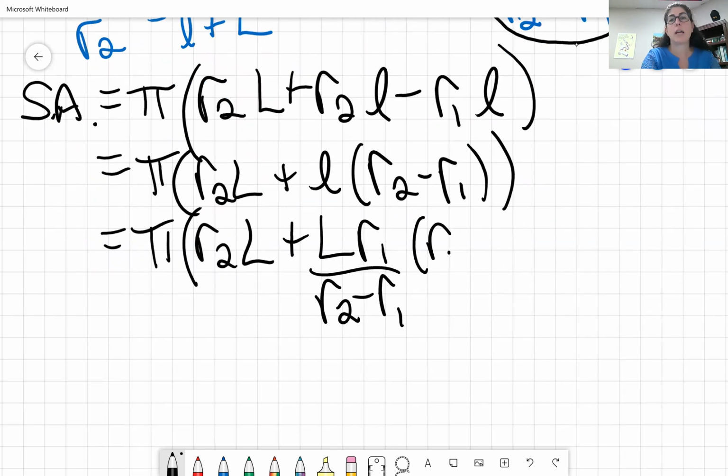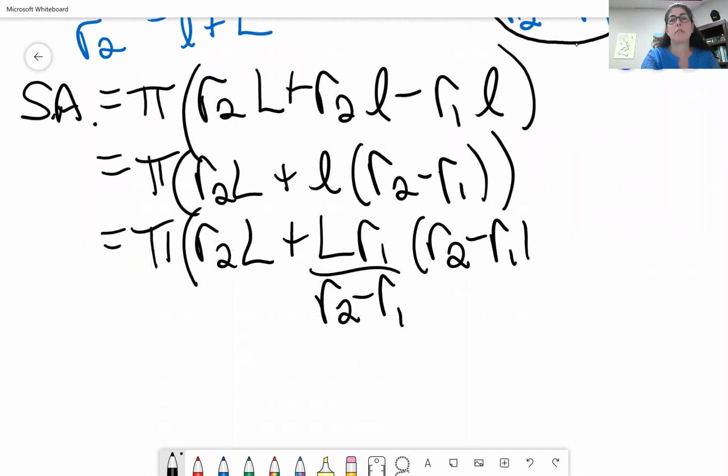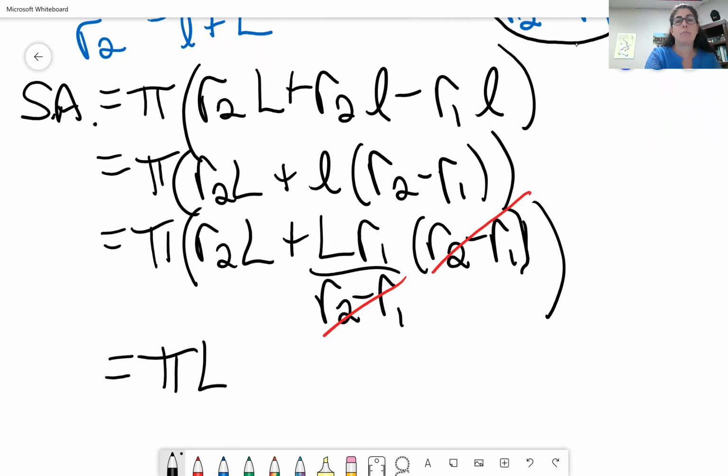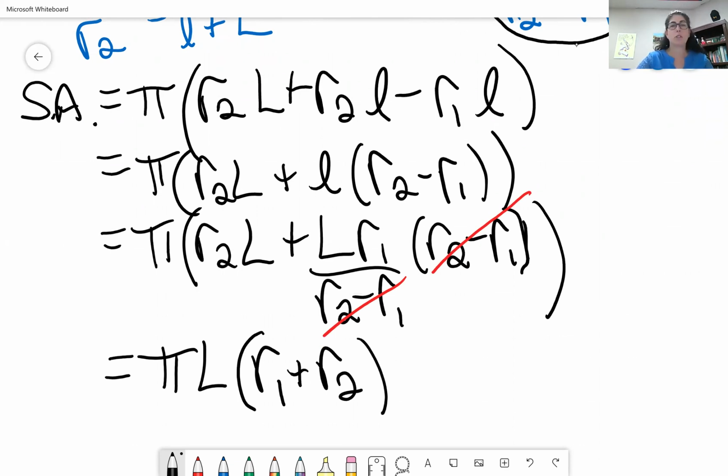Oh, that's beautiful, because we have some nice cancellation right here. R2 minus R1 over R2 minus R1, and we're left with pi. Now I can pull out the capital L, and I could put things in order. R1 minus R2. I'm sorry, plus R1 plus R2.